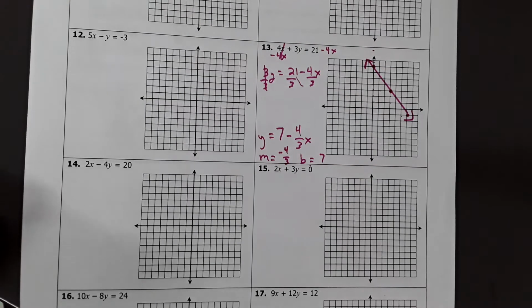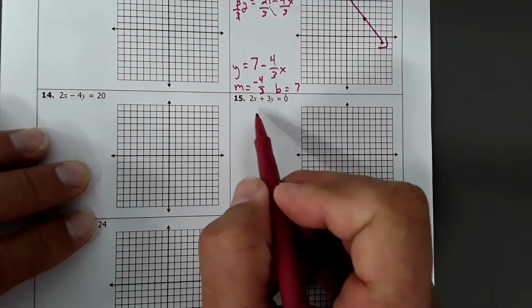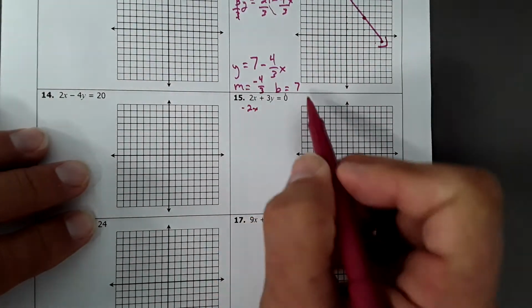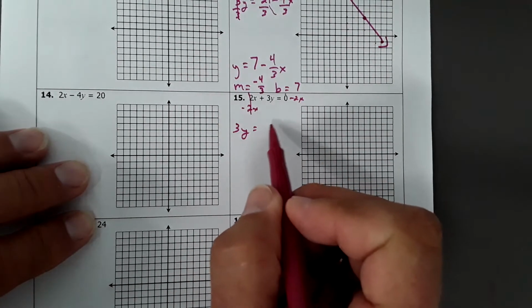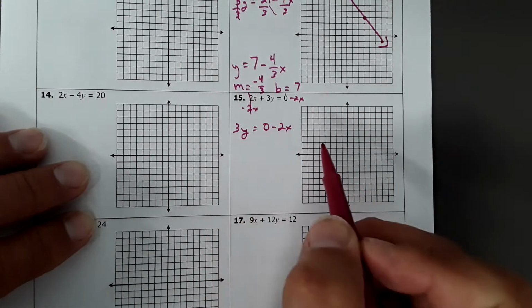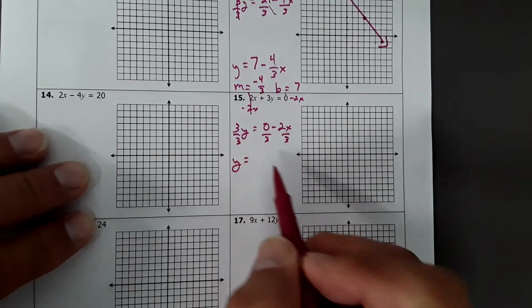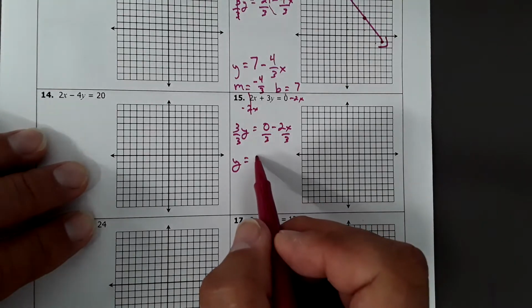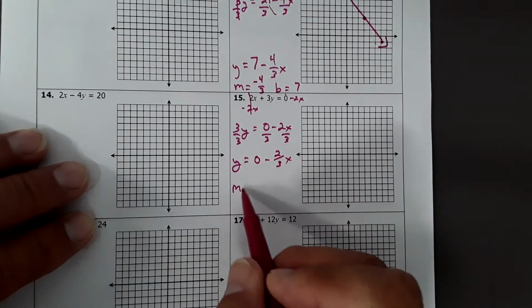Okay? We'll work one more. 15, y is not by itself. I need to get y by itself, so I'm going to minus 2x and minus 2x, and that leaves me with 3y equals 0 minus 2x. Well, when I divide by 3, I'm left with y equals 0 over 3. 0 divided by 3 is 0, and that won't divide, so I'm just going to leave it.